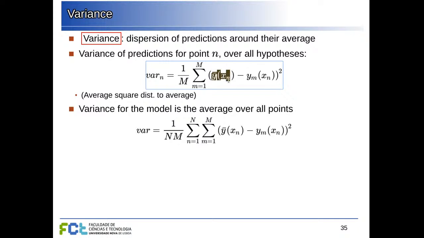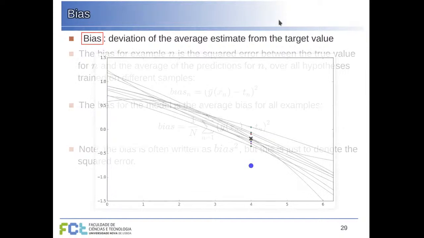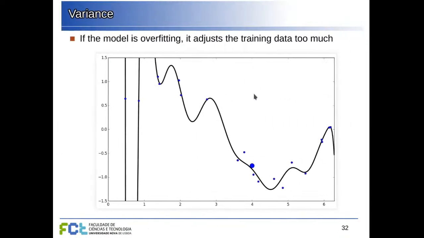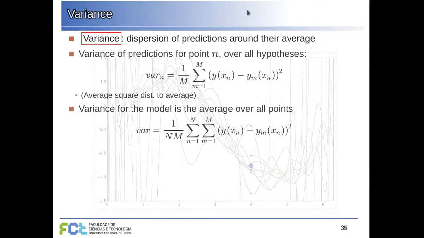So now we have these two measures that tell us, on one hand, how our model tends to move away from the correct prediction. This is for bias, and variance measures how wildly our model is dispersing the predictions.